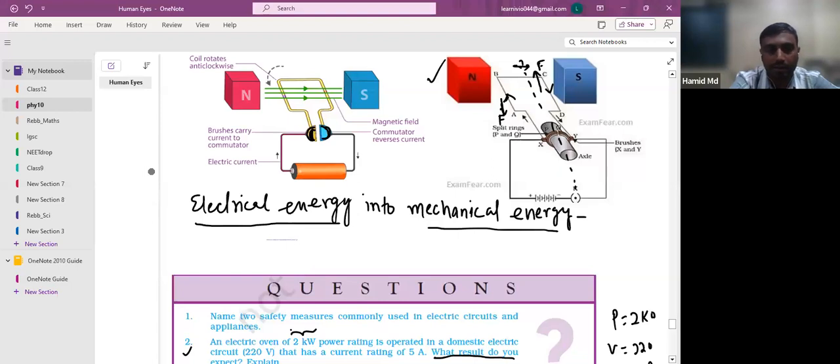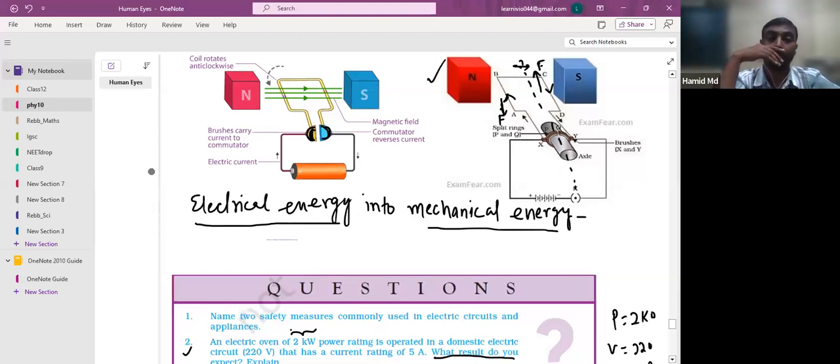What we were discussing, did you get this mechanism? Yes, I got this working principle, mechanism. It is electrical energy into mechanical energy. Okay, how does it convert?